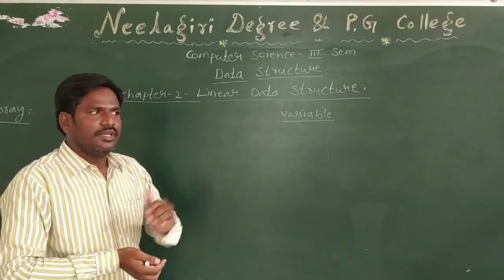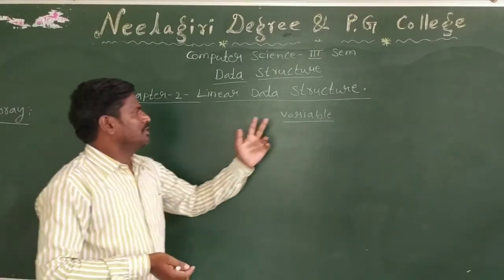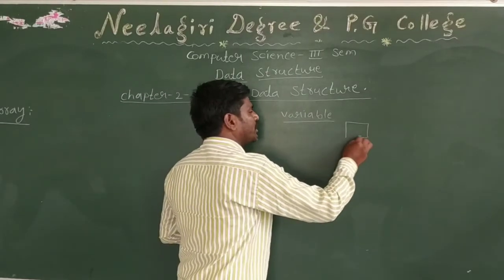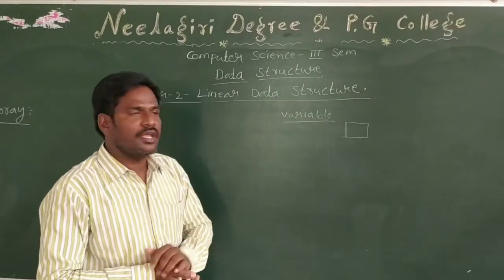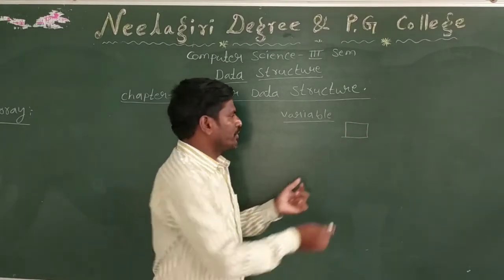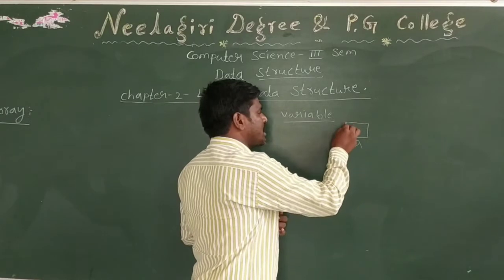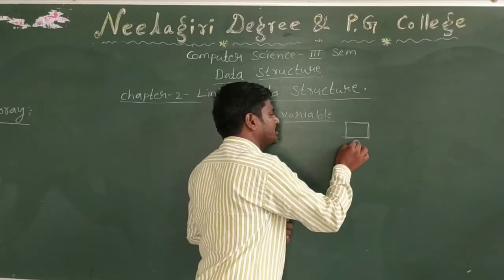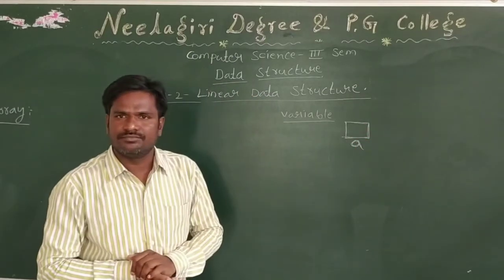In the field of computer science, a variable is a name given to a memory location. For example, say A. This is a memory location, and the name given to this memory location is A.